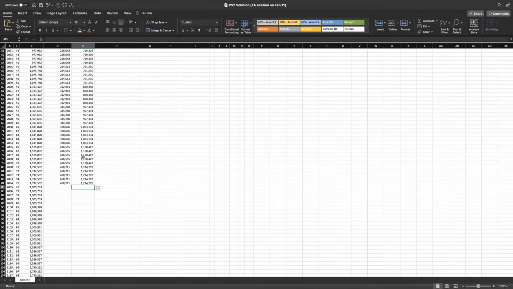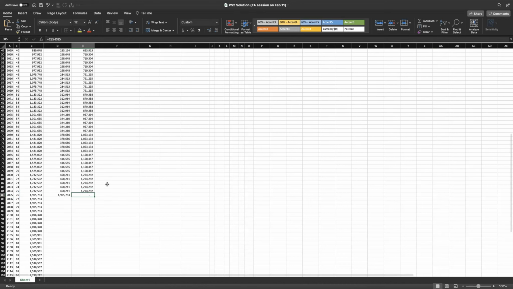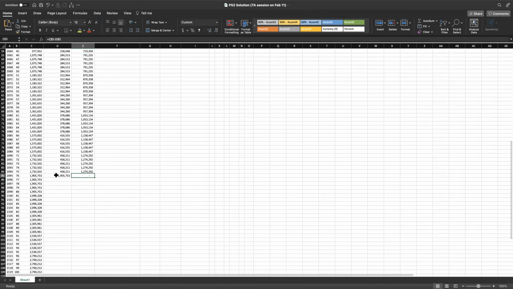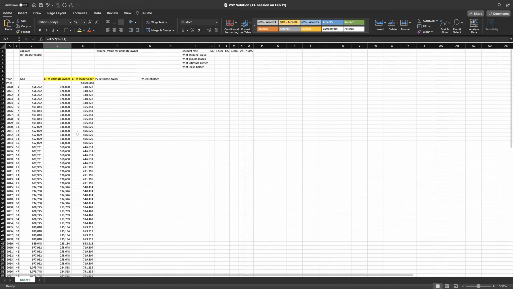Because the lease has already ended, there will be no cash flow to the leaseholder. So cash flow to the ultimate owner will be just the same as NOI. And you can see here, there is nothing left to the leaseholder. And let's put them together. So this will be how the cash flow looks like.